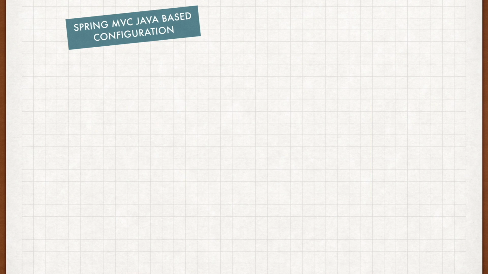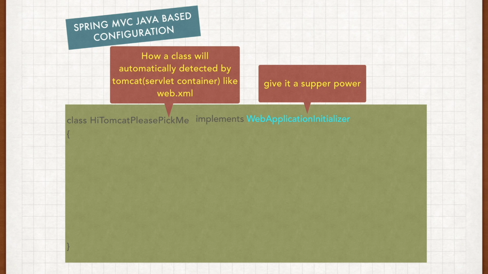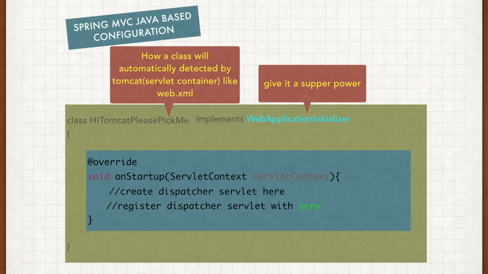This interface has one method called onStartup, which takes a servlet context reference as an argument, and here we can create a dispatcher servlet and register it with the servlet context reference.